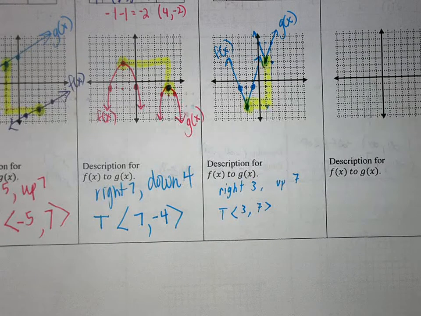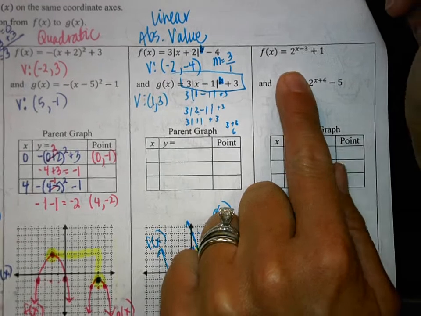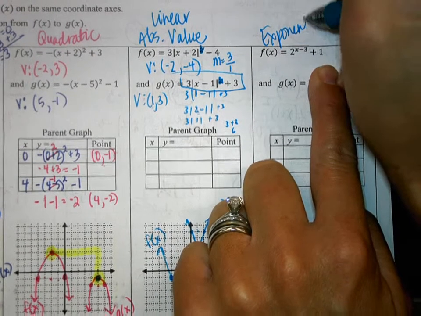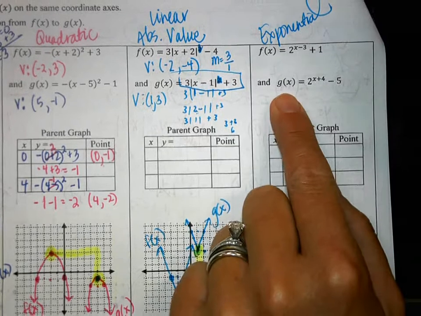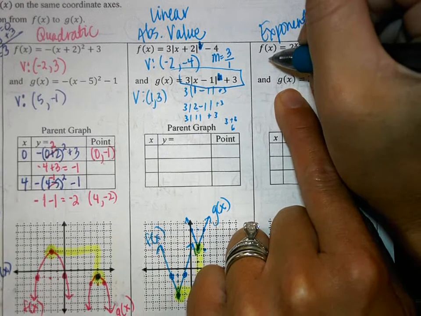Okay, so we're going to do our one last problem here. Am I okay to move this? Okay? All right. So first of all, what type of graph is this? Very good. And for our exponential functions, our starting point is always at what? 0, 1.